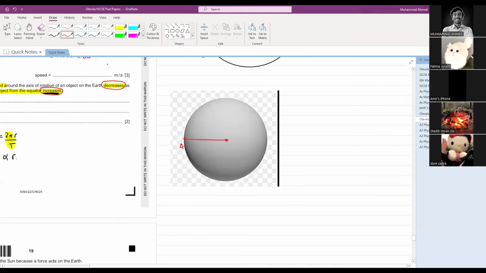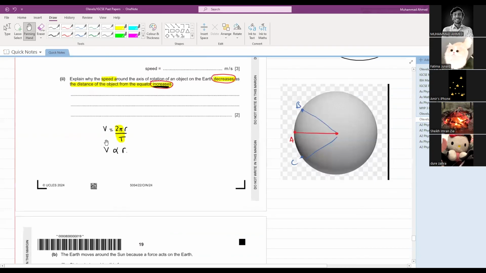Now let's say you are at the top at point B or at the bottom at point C. Can you realize your distance or radius has decreased? Yes or no? Do you realize the radius has decreased? If your radius has decreased, you have just agreed with me that radius is directly proportional to velocity.